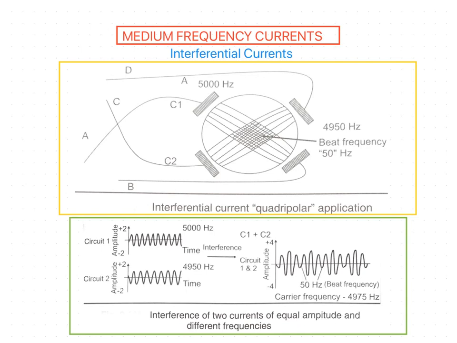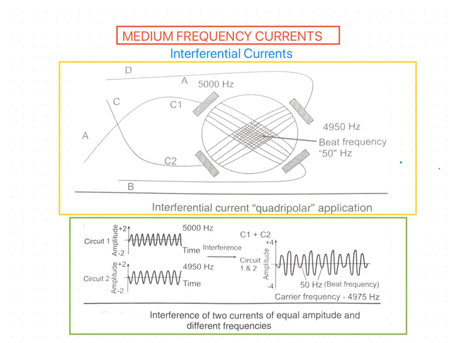So now we will first see the interferential currents. Here you can see the picture in the yellow box. This is the procedure of production of interferential currents.